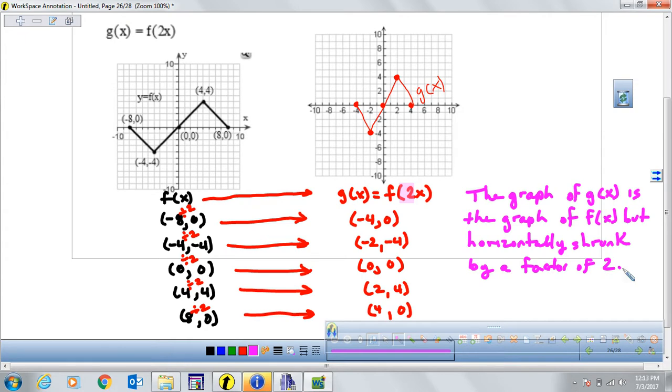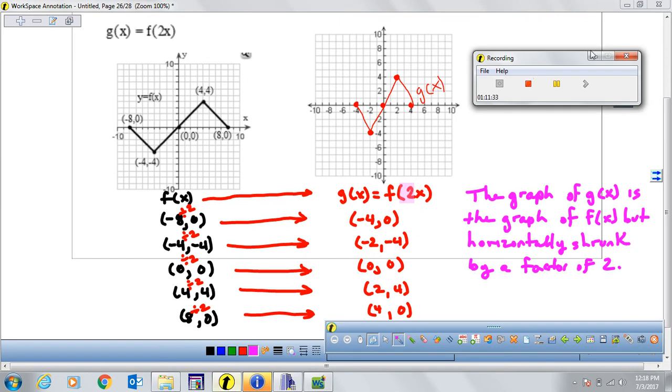And that would basically be all what we need to cover in this section. So this is the end of transformations of functions, section 2.5.